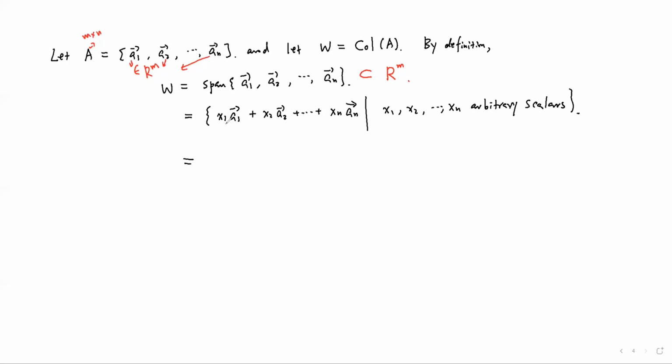And I can further write this linear combination. What is this? A linear combination of vectors, where the vectors are the columns of the matrix A. So I can further write this as matrix A times vector X, where vector X, of course, is in Rn, arbitrary.